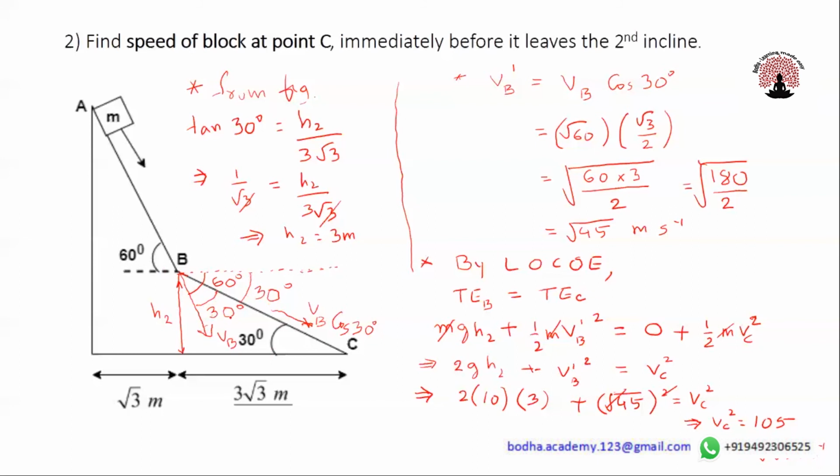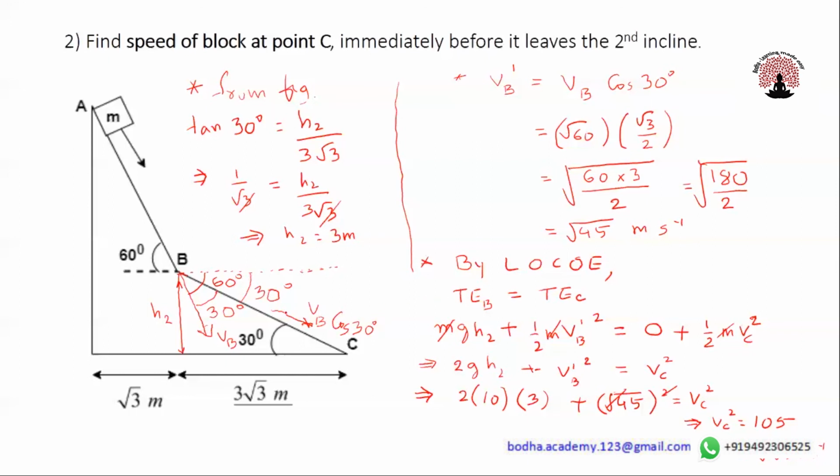So the velocity in this direction will be VB cos 30 degrees. Let me call it VB dash. So VB dash is equal to VB cos 30 degrees. We had determined VB in the first case, and cos 30 is root 3 by 2. Substitute and simplify, you'll get root 45 meter per second.